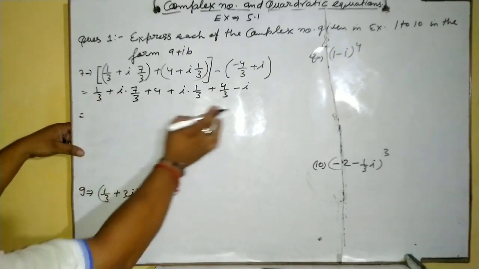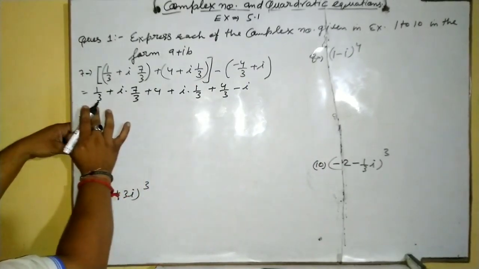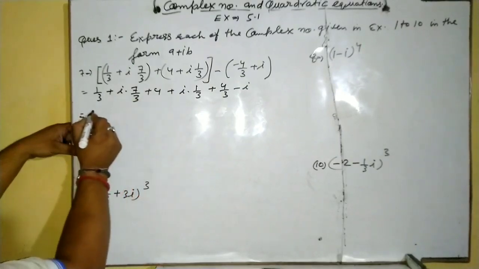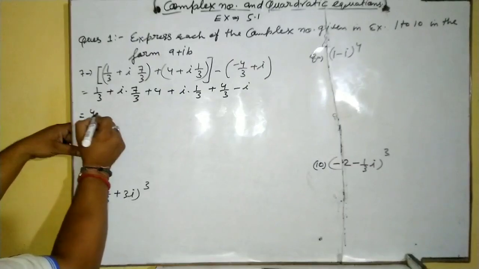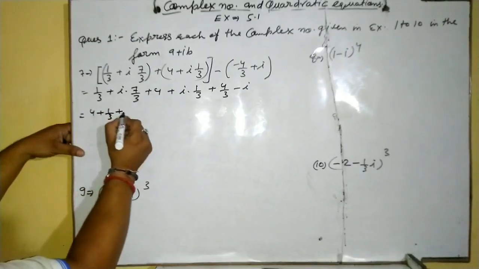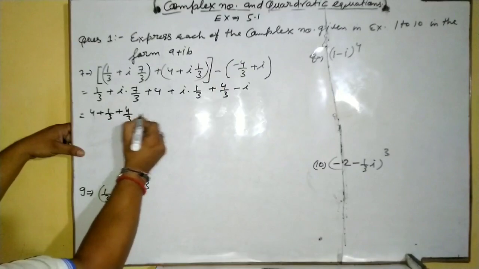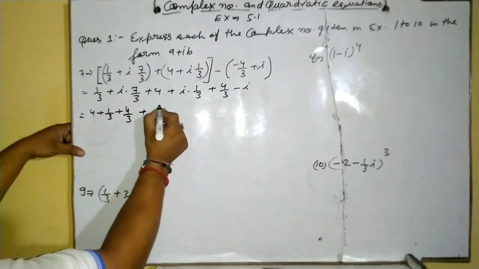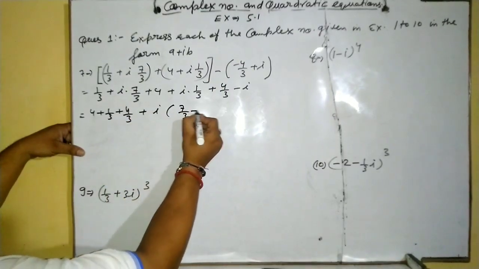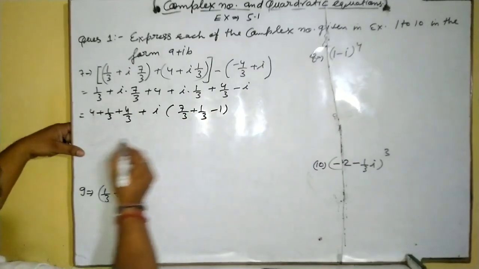Just take LCM. 4 by 3 and 1 by 3 becomes 5 by 3, and 4 LCM. You can write it one time if you want. So this will become 4 plus 1 by 3 plus 4 by 3. And here i is common. This becomes 7 by 3 plus 1 by 3 and minus 1.